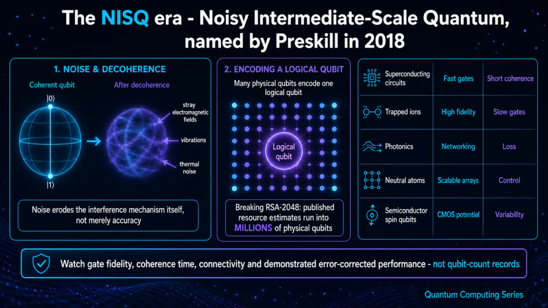The accepted answer is quantum error correction, spreading one logical qubit across many physical ones, with estimates for breaking RSA 2048 running into millions of physical qubits. Several hardware platforms compete, and which will win is genuinely unclear.